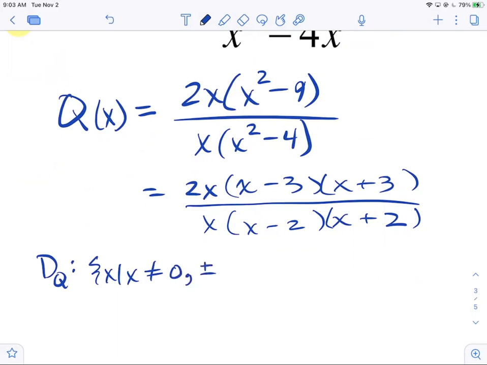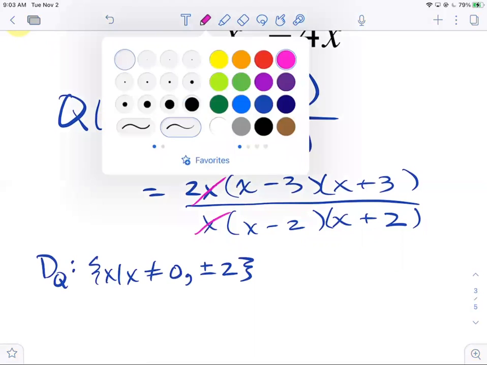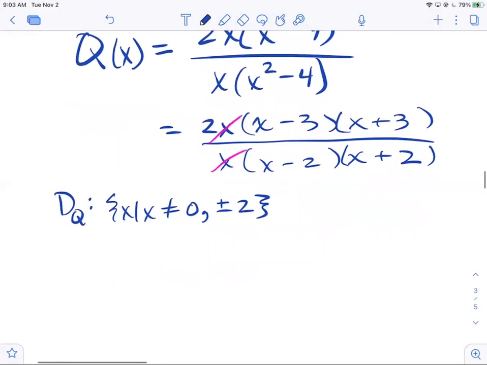And then you can say plus or minus 2 if you want, right? 0 and plus or minus 2. Now, does anything divide out? Yeah, actually it does, right? The x's divide out. So that means that at the root of that factor, which is which one? The 0, the 2, the -2? 0, we're going to have a hole, right?